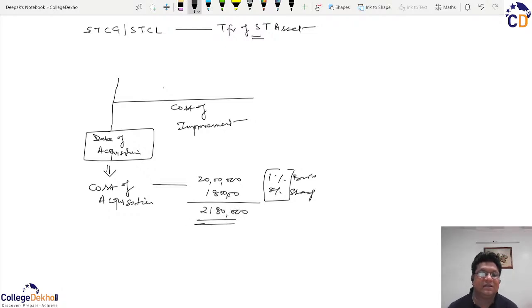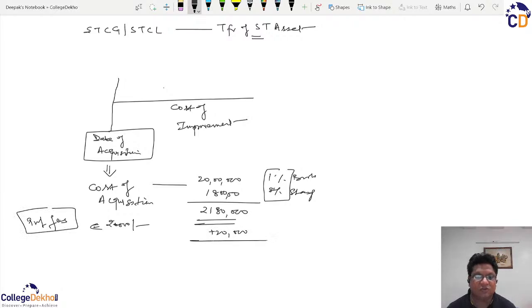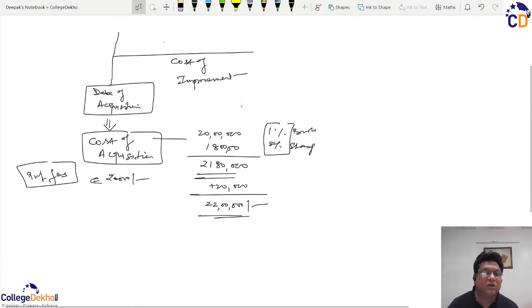And if there is any other expenditure, for example, rupees 20,000 paid as professional fees for the creation of the legal documents, then we will also add it to the cost of acquisition, and we can say that 22 lakhs is the effective cost of acquisition, and this cost of acquisition will correspond to the date of acquisition.